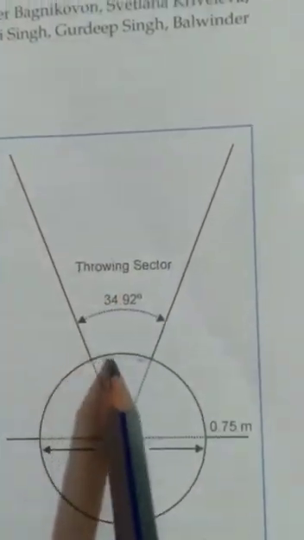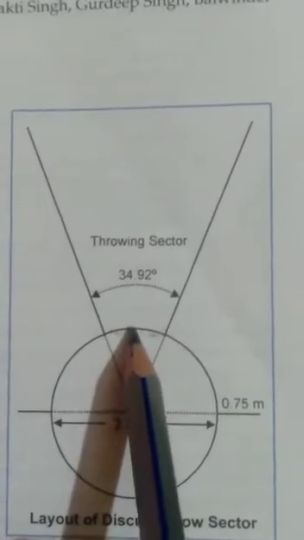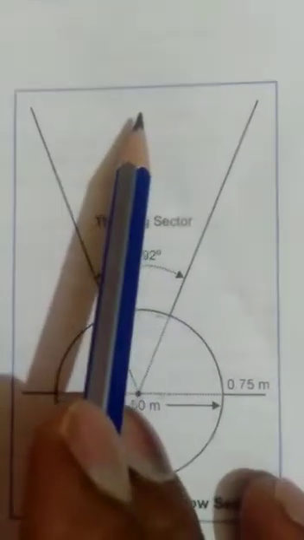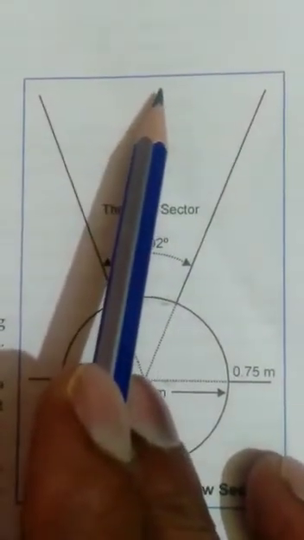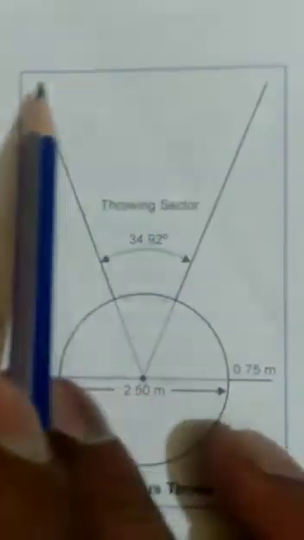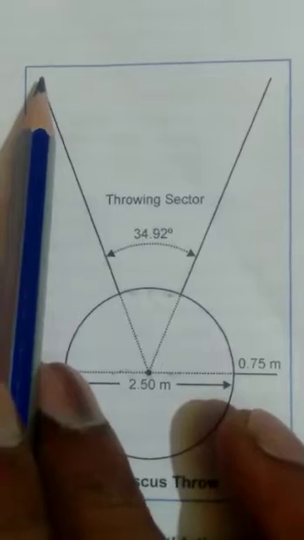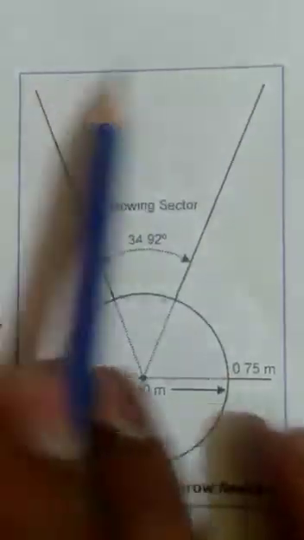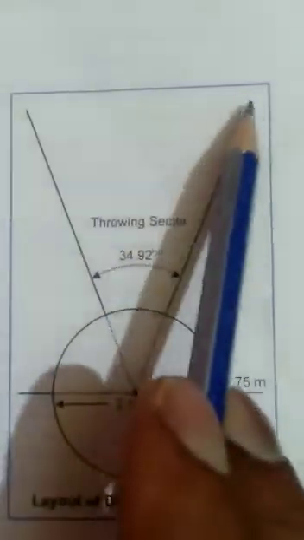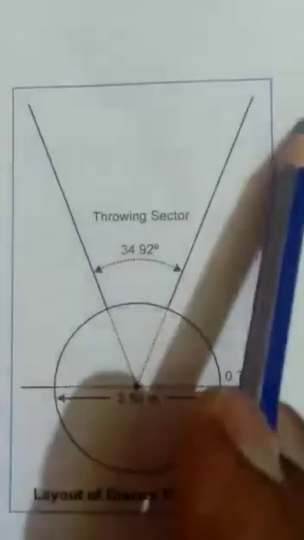of the discus will be counted from here to the last touch of the discus, and the discus should land in this sector. Don't cross these lines.